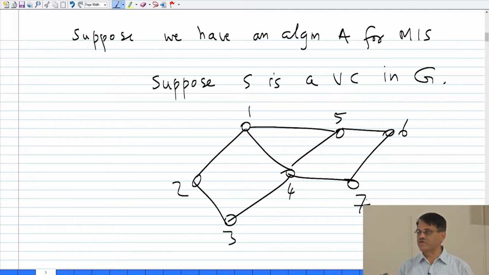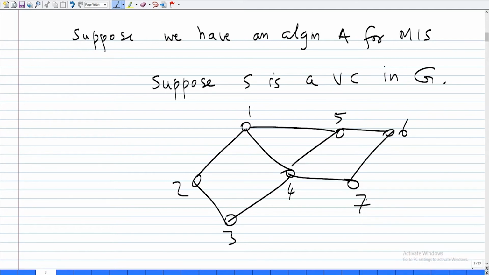Okay, give me a vertex cover for this graph. 2, 4, 7. Is 2, 4, 7 a vertex cover? Yes, no? No. Okay, why not? Because the 1, 5 edge is not covered.